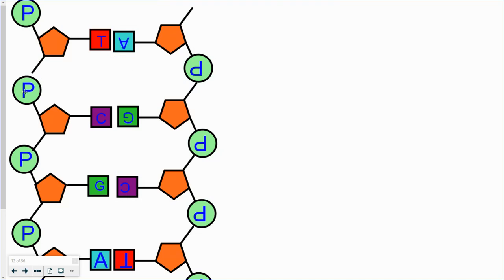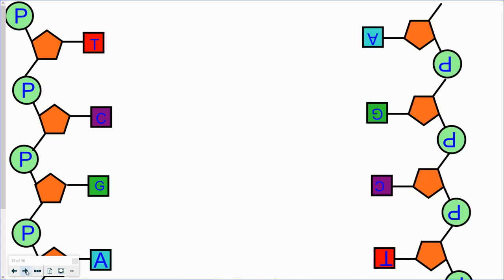So if we were to go back to our diagram of DNA, in order to copy it, the DNA basically opens up. And if you remember, each of these is called a nucleotide. We learned that thymine, the base thymine, is complementary to adenine. So if I'm going to make a copy of this side of the DNA, I'm going to need another nucleotide with adenine to come in.